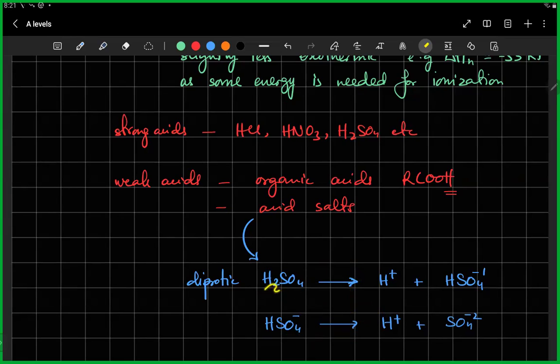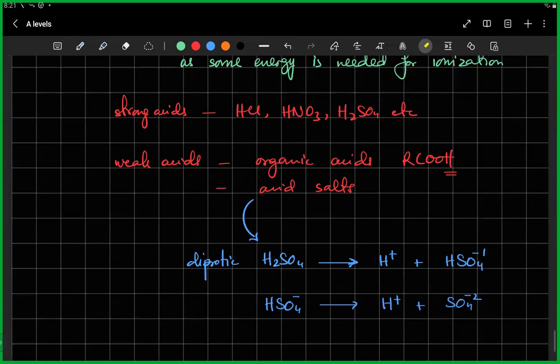Is it going to be difficult for the neutral molecule to produce an H plus ion? Or is it going to be more difficult for a negative ion to produce an H plus one ion? Basically, guess karo, for which one releasing an H plus one is going to be very difficult?